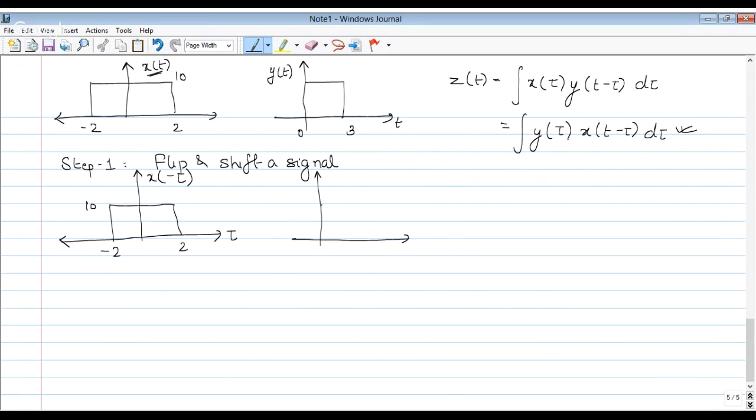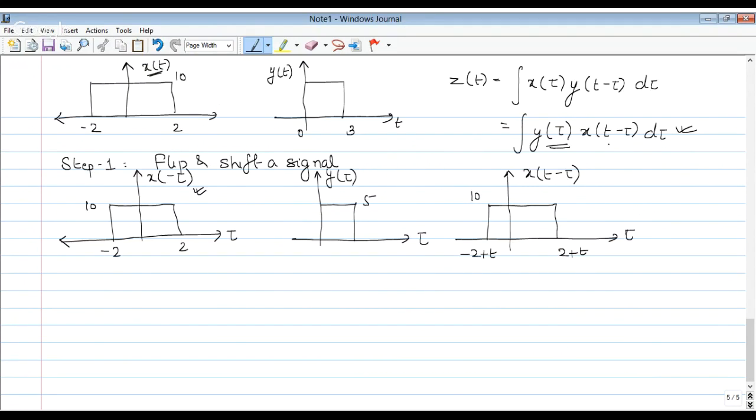This is x of minus tau versus tau. Now, when you shift it, or when you add t to this function, it will shift right by an amount t, so minus 2 plus t. Now, how do I interpret this integration?